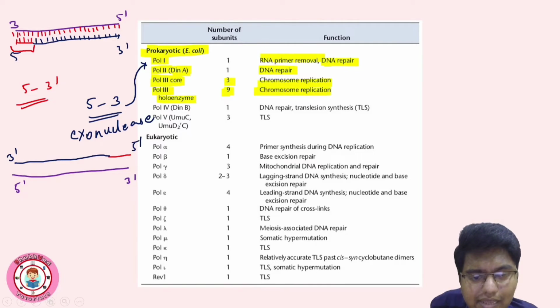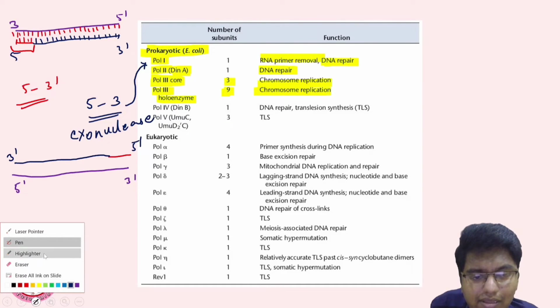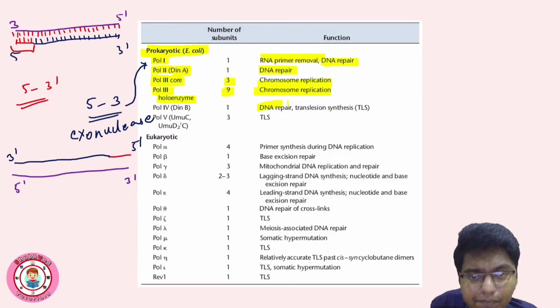The next enzyme, polymerase 4, known as DinB, also has the function of DNA repair and translesion synthesis. This is discussed in repair. Basically, the main important one is Pol 3, and Pol 1 for primer removal. The rest of the enzymes are for DNA repair.